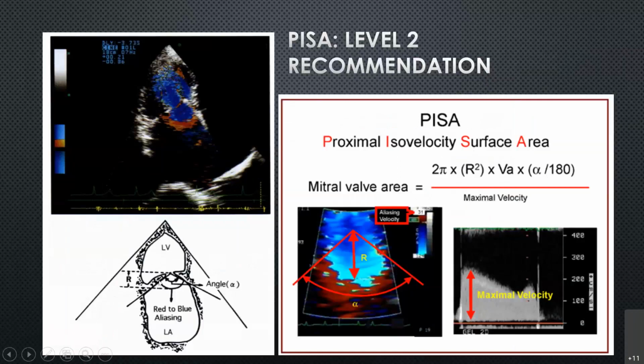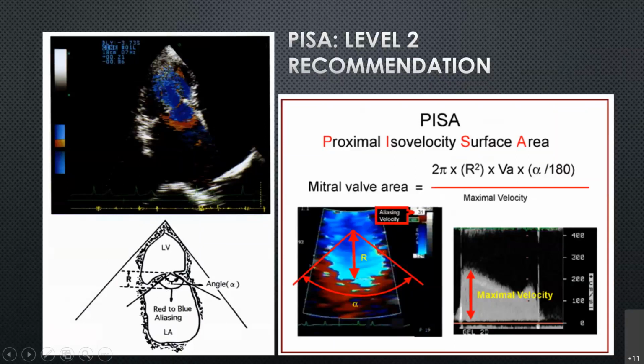So what is the concept, right? We go back to this really old slide. I think I got it from an NEJM article, where LA, LV, and as your blood is accelerating from the left atrium into the left ventricle, going through the small orifice, it is going to accelerate to get through this. All the potential energy is going to change into kinetic energy to get through this orifice.